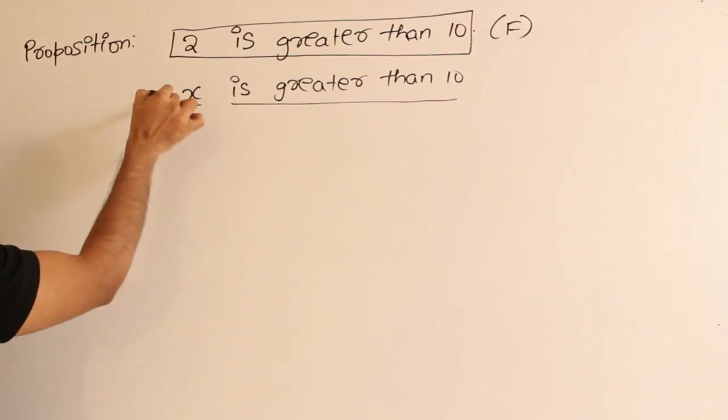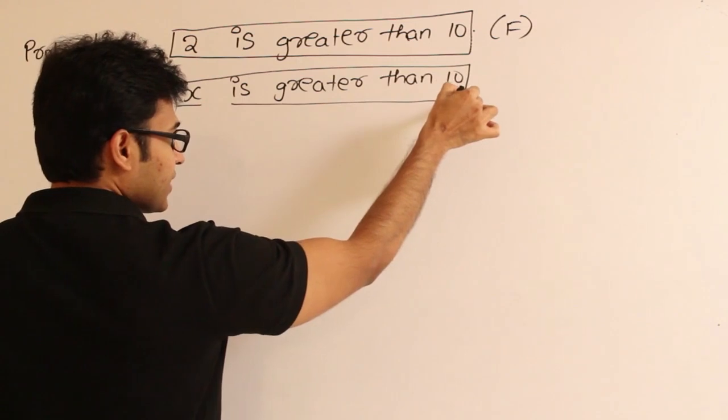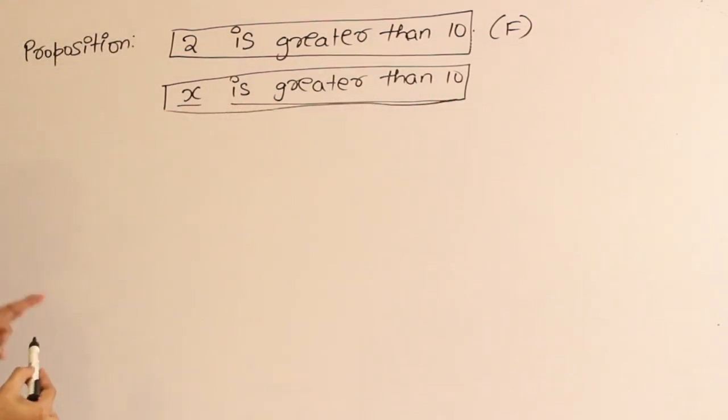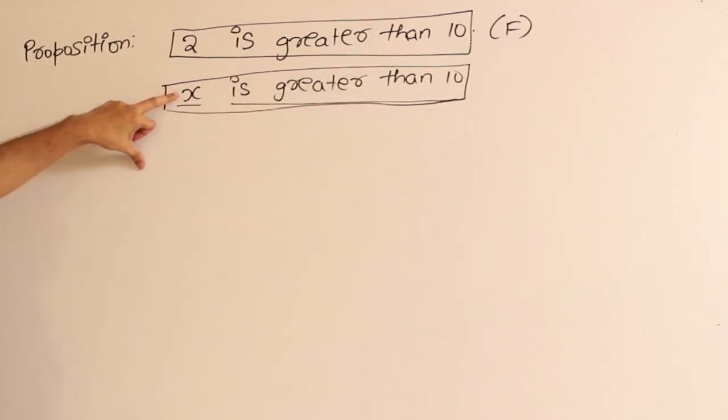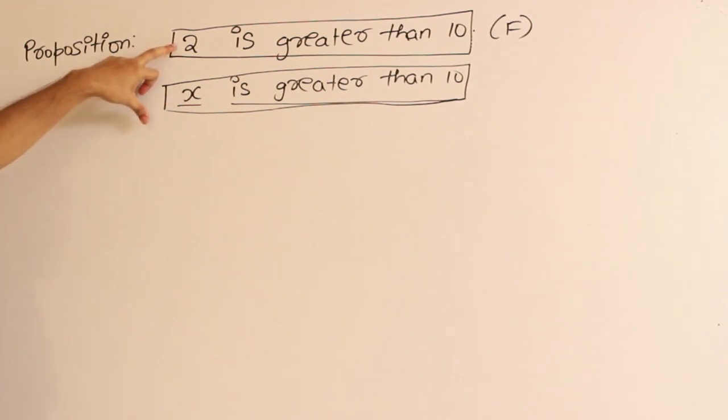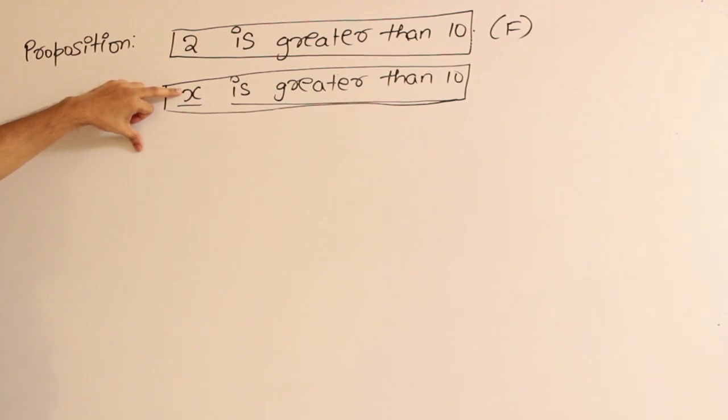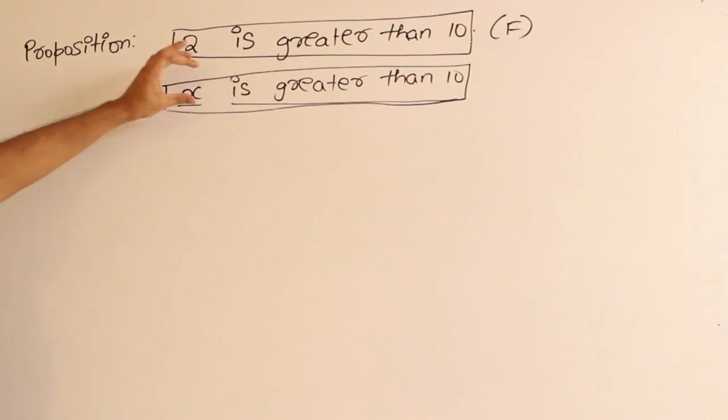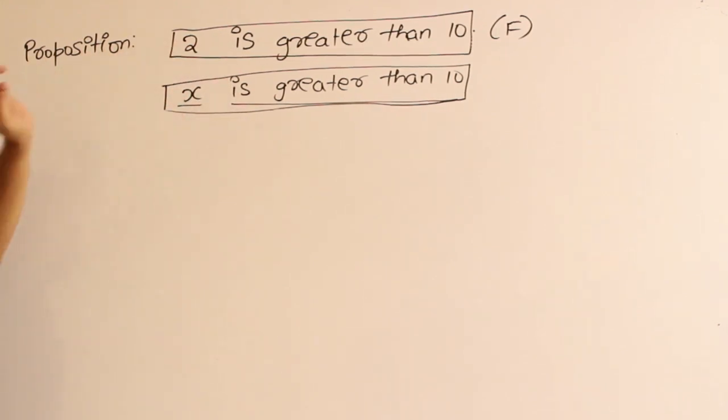And now this entire statement as such cannot take either true or false without knowing the value of x at this point. If you substitute in place of x a value of 2, it turns out to be false. If you substitute a value of 12, it turns out to be true. Therefore, this statement as such cannot be called a proposition, but such statements will be very useful for us in this subject. So we call it a propositional function.